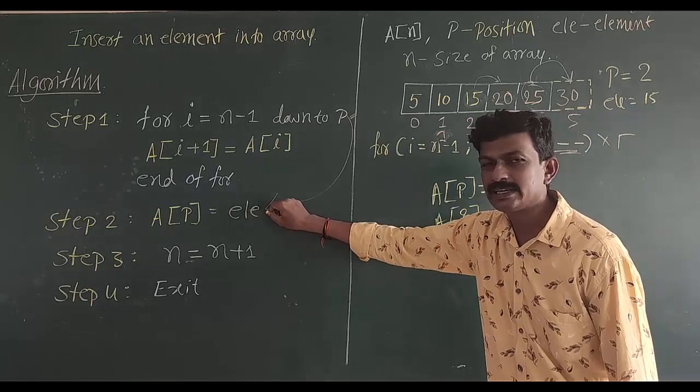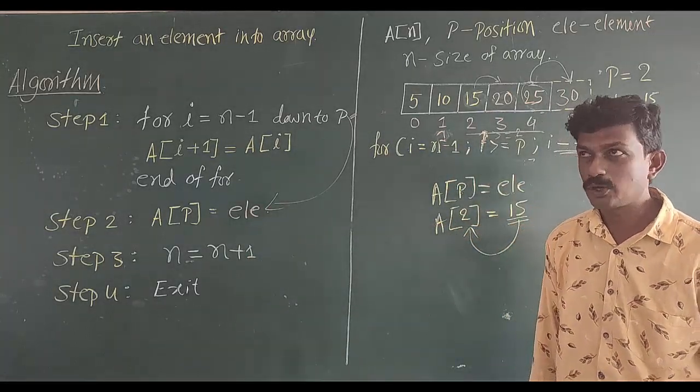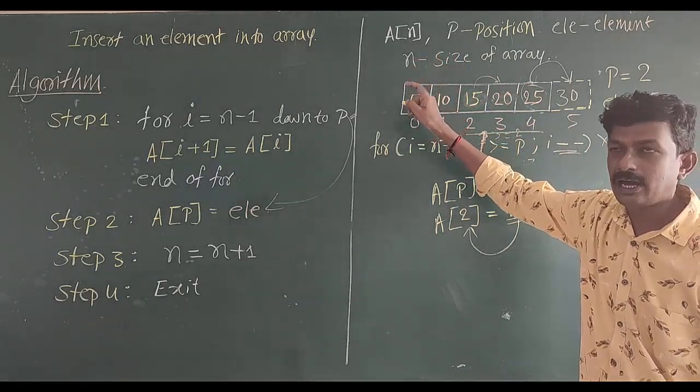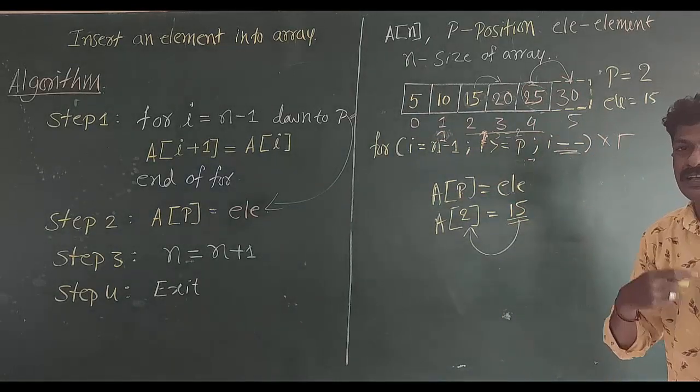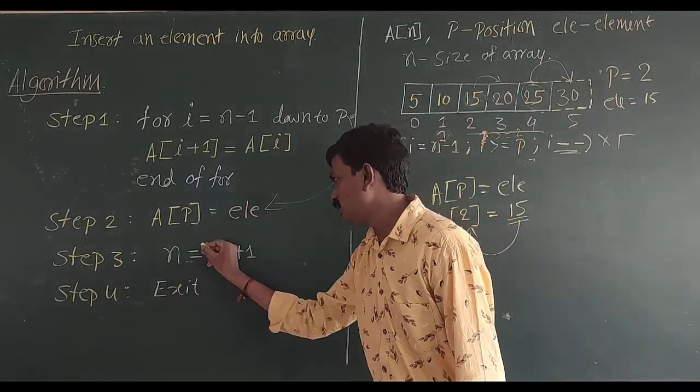Once we have assigned it, I need to increase the n value, because initially we had a certain number of elements in the array. After inserting an element, I need to increase the size of the array by 1. For that, n equal to n plus 1.